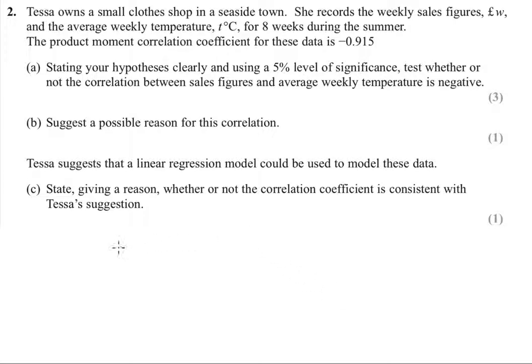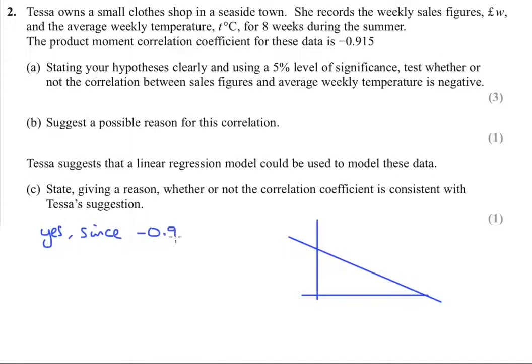Part C says, state with a reason. So Tessa wants to use a linear regression model. She thinks that the points lie on a straight line. And we want to decide whether there is any reason to suggest that that's true. And there is, because this number is close to -1. The product moment correlation coefficient is for linear data.